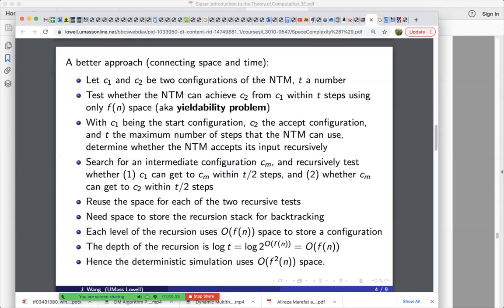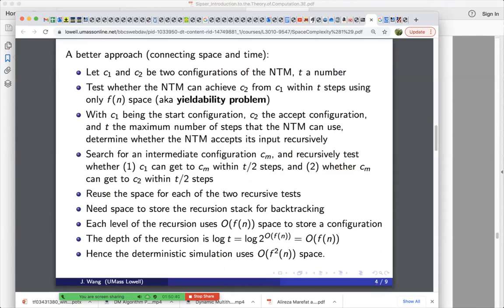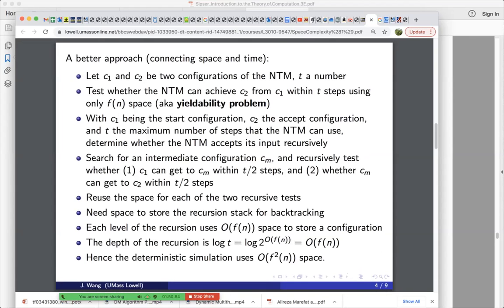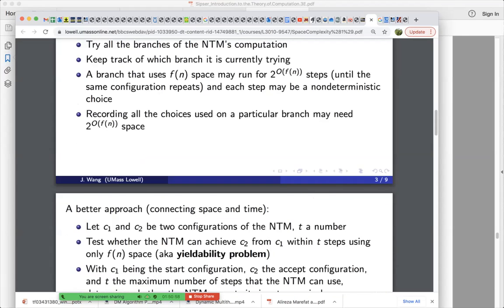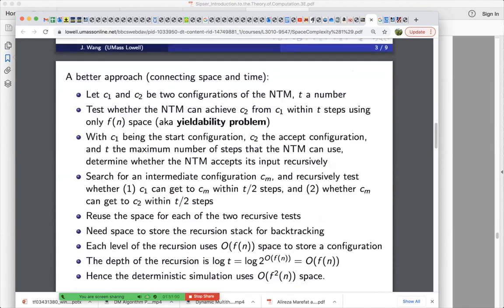All right, so this is a better approach. The idea is that we could connect space to time. In other words, we could make some kind of connection between space and time. We do mention time here actually, but we can make a better time connection. So here is this approach.